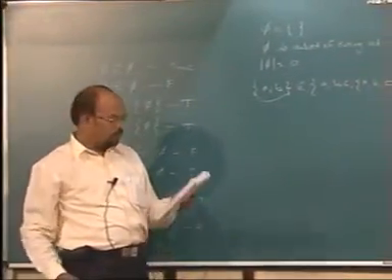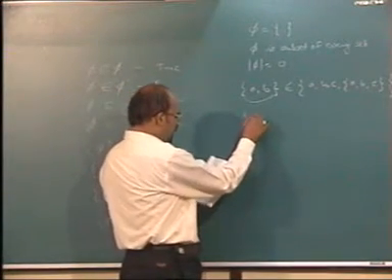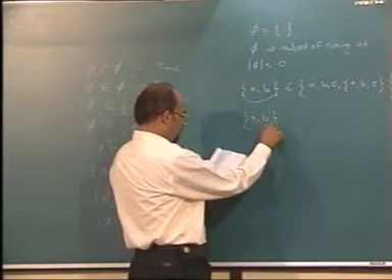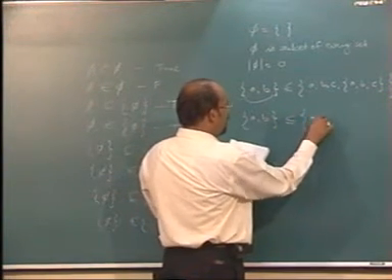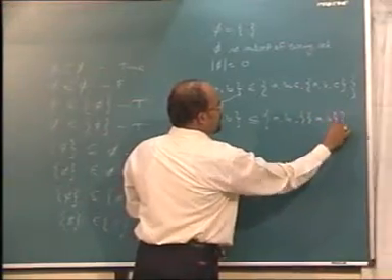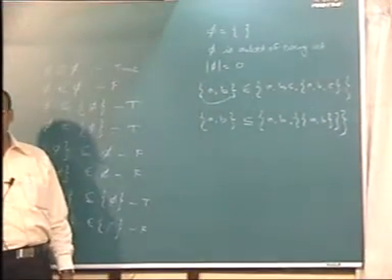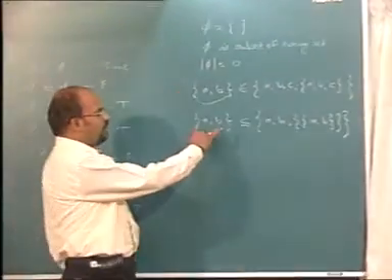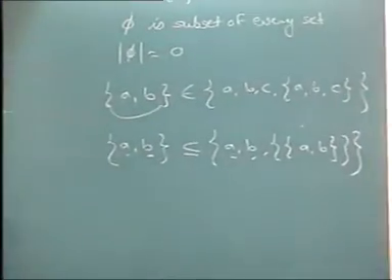Belongingness. Next. Curly bracket a comma b is subset of curly bracket a comma b comma curly bracket a comma b. True. Every element of first set a and b are elements of second. Yes, true.